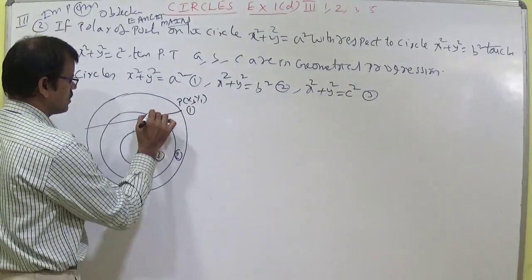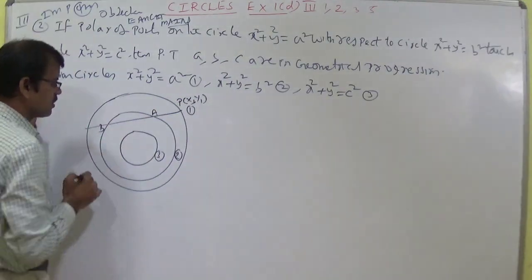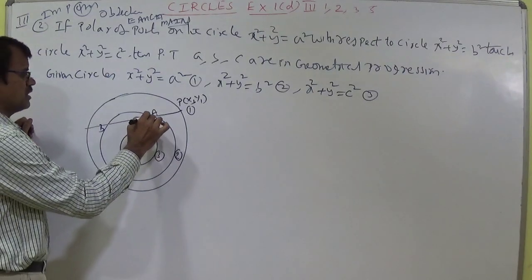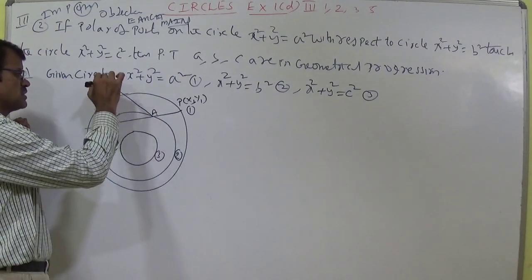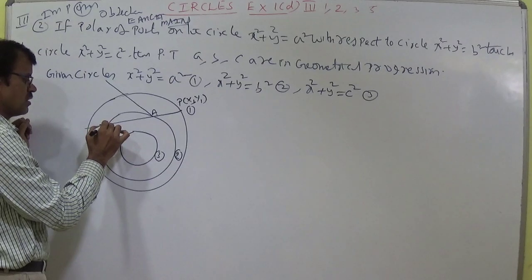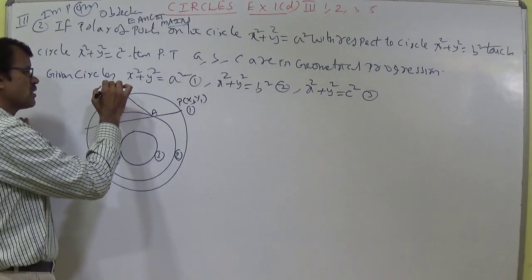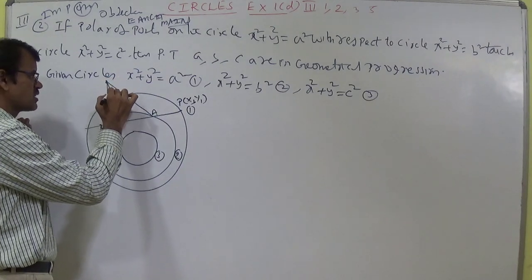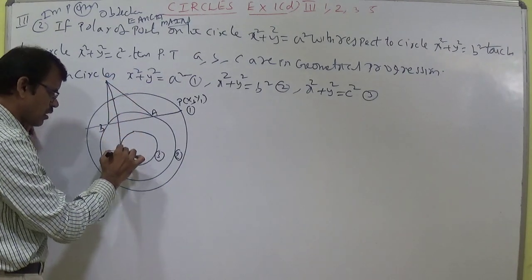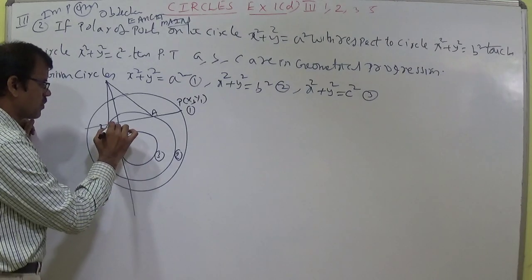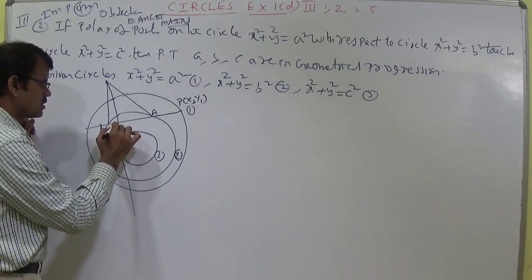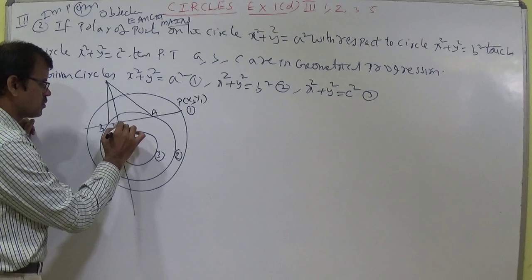Put the names here, this is A and this is B. Take the extremities of the chord, A and B, and draw the tangents at the extremities of the chord. The point of intersection of tangents drawn at extremities of the chord is called the polar. So this is the polar of 2.